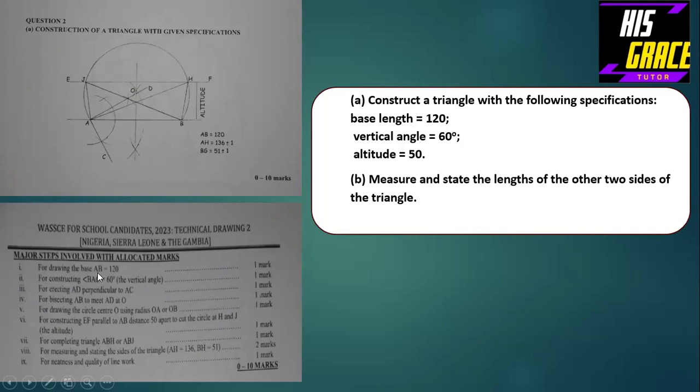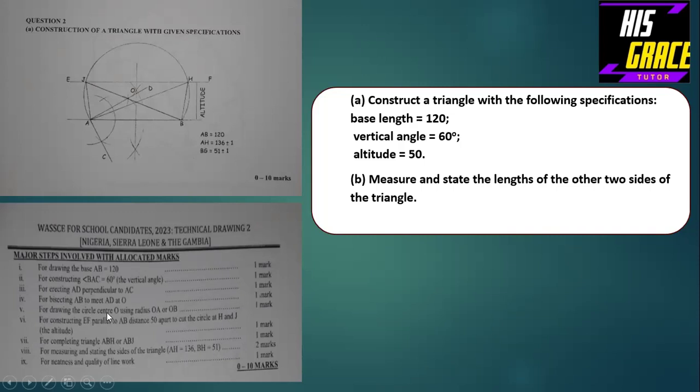Therefore, constructing angle BAC, which is 60 degrees and also known as the vertical angle, one mark is awarded. So this is where we have the angle, 60 degrees. For erecting AD perpendicular to AC, one mark is awarded. For bisecting AB to meet AD at O, one mark is awarded.